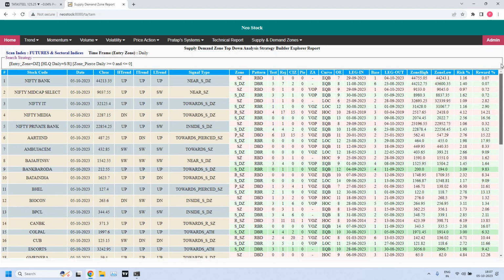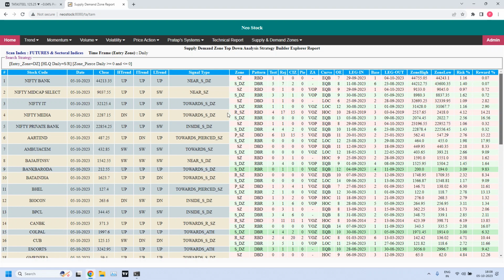Now these demand zones, but the point you should understand: some of these stocks are near the demand zone, some are near the supply zone, but when you want to trade, until price reaches the demand zone, you have to wait and watch. Every day I am showing you only stocks near demand and supply zones, so immediately next day you are getting the trading opportunity.